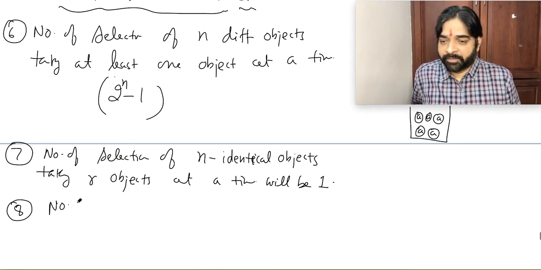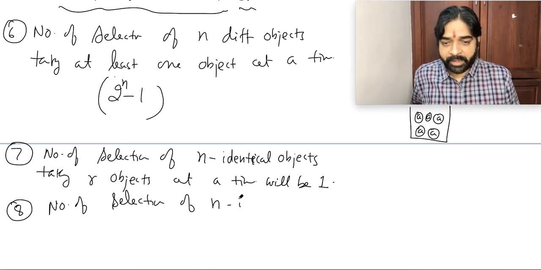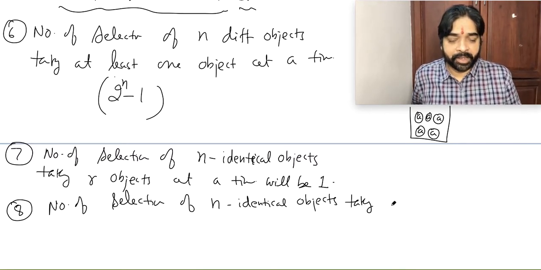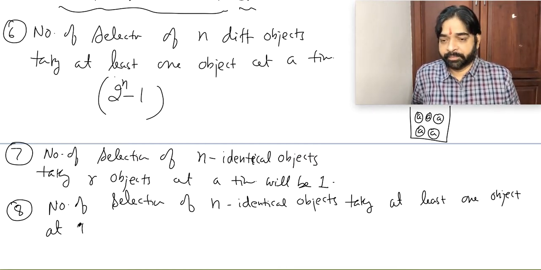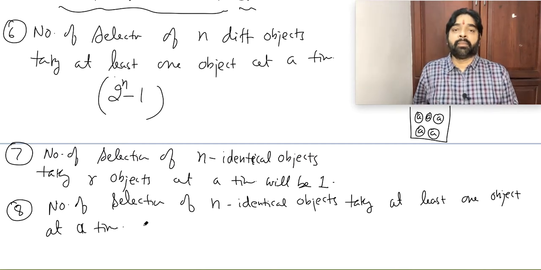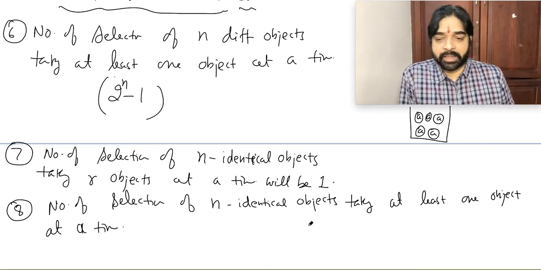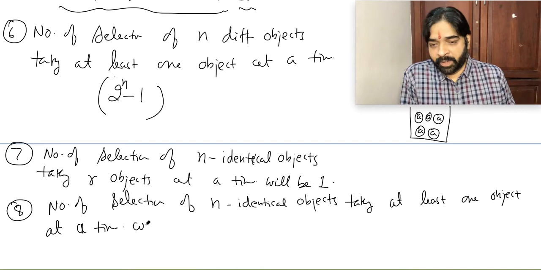Number of selections of n identical objects, taking at least one object at a time. At least one object at a time. You can give the answer very easily.